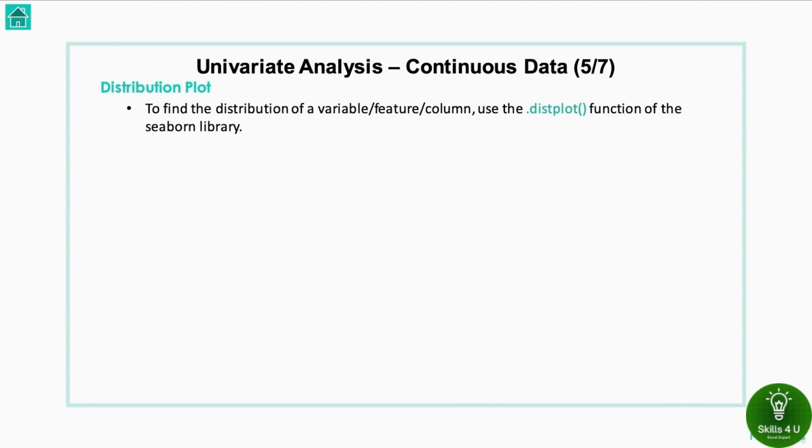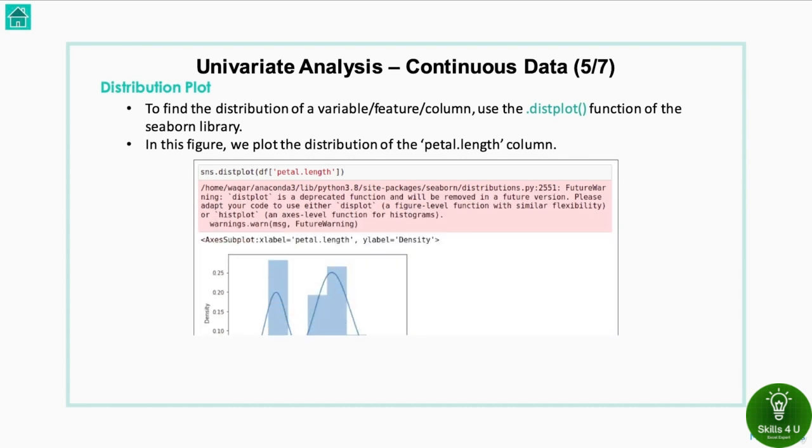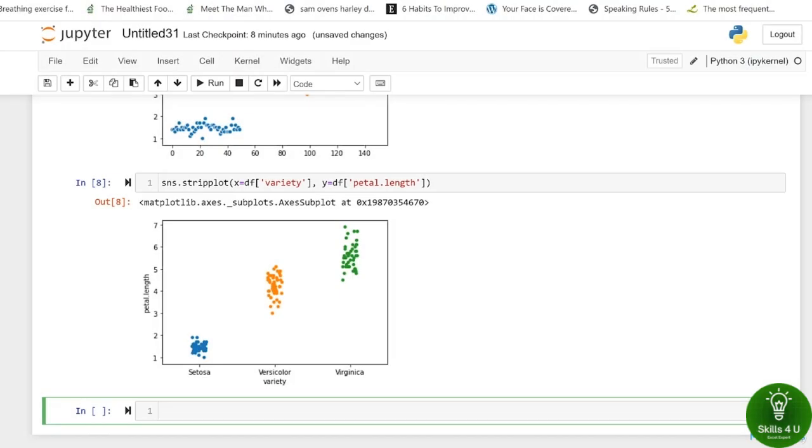Distribution plots are used to visualize the overall distribution of the data. In the given figure, we have used the .distplot method to visualize the distribution of the petal.length column of the data frame. To plot a distribution plot, you use the .distplot method of the Seaborn library.